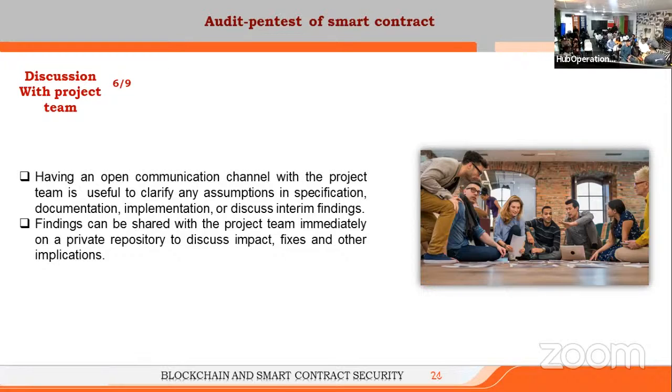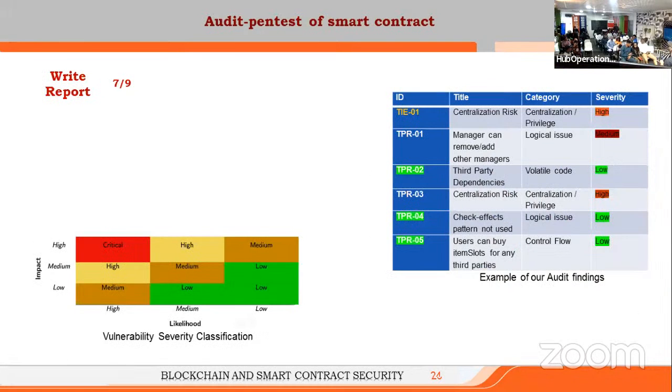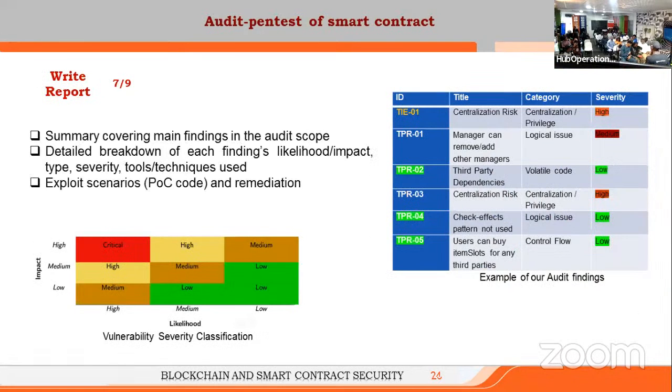So you try to do, for example, a proof of concept. You try to discuss with the project team, and you try to come up with a suitable solution or fix for this vulnerability. But before that, you write a report. In the report, you mention the vulnerabilities, the impact, the likelihood, and whether it is high, low, critical, medium, all these kinds of severity.